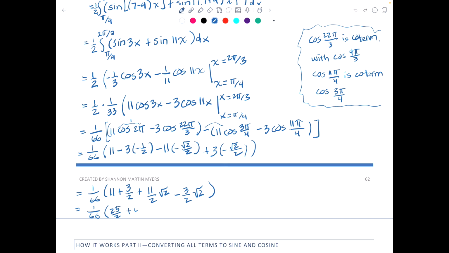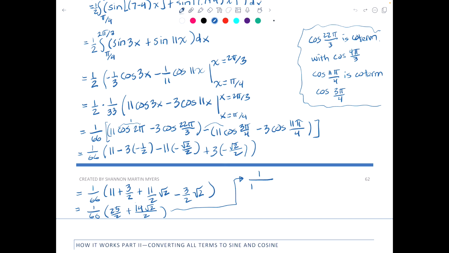Actually, let's keep it in terms of halves, then we can pull it out. So we would end up with plus 14 root 2 all over 2. And then pulling out another half, we would have 1 over, no, sorry, that's going to be 132, I think, right?